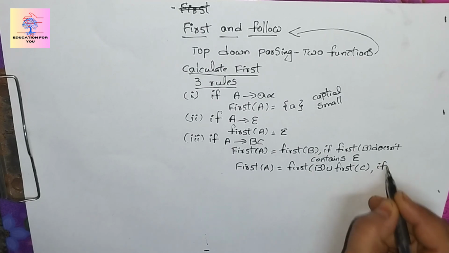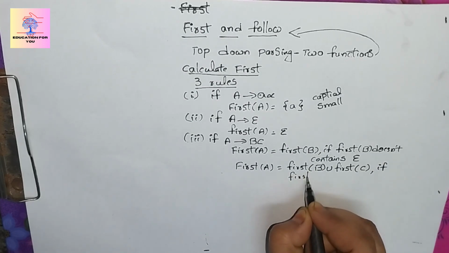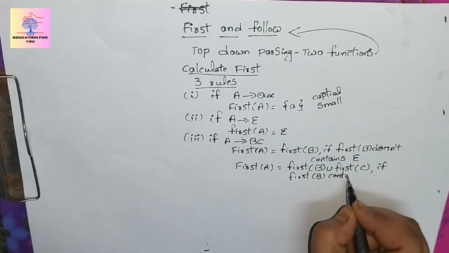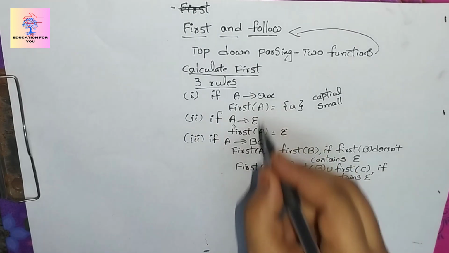If first of B contains epsilon. So these are the three rules.